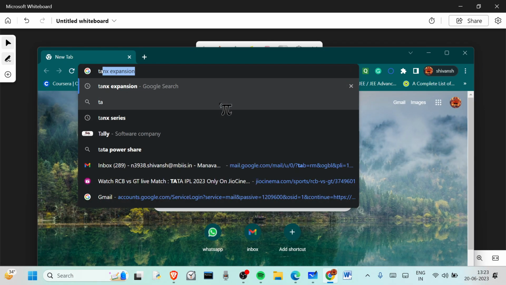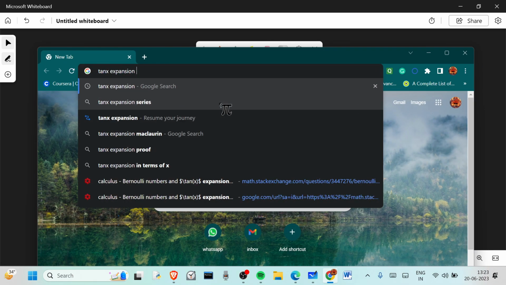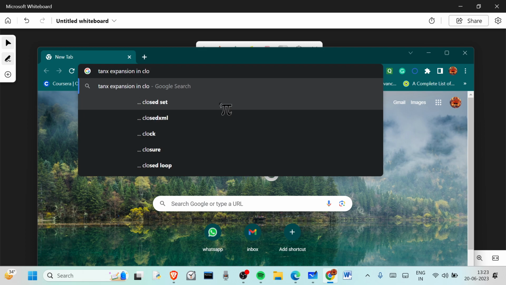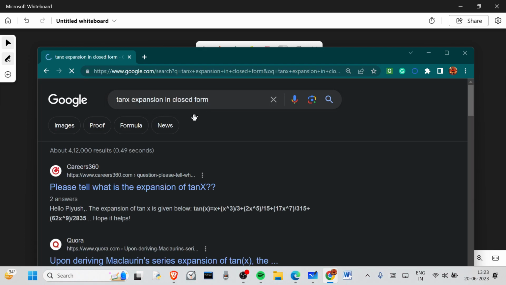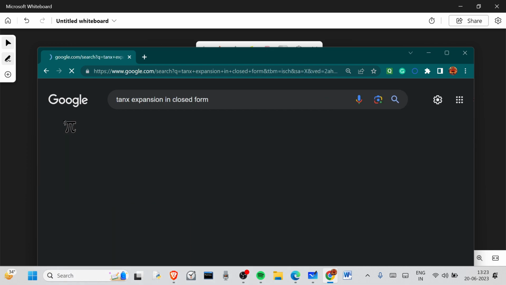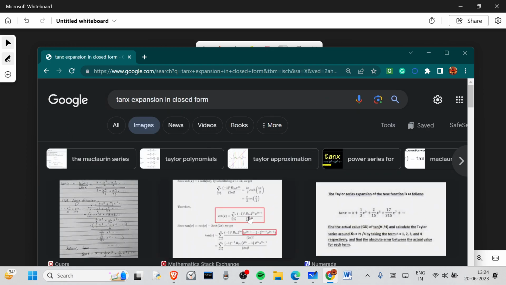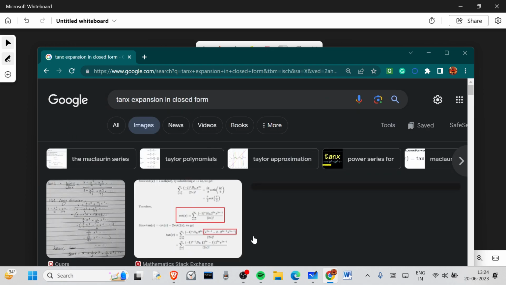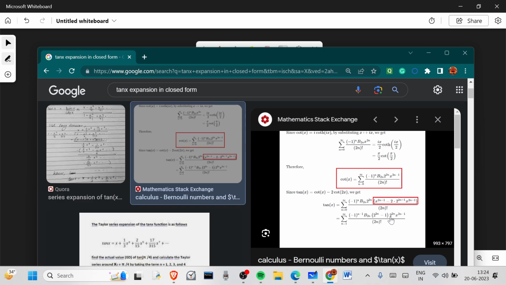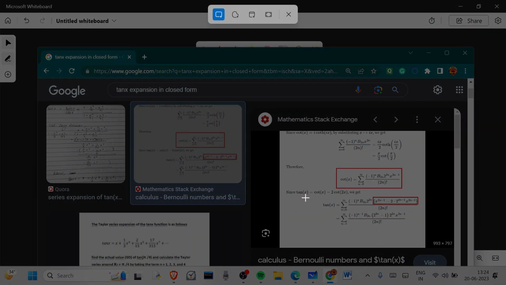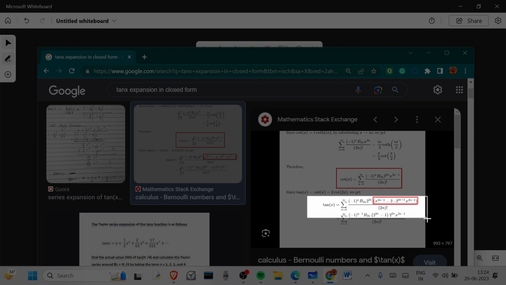So one more thing, tan x expansion in closed form, and this is the thing, and it's very ugly, of course. Okay, why not put this only.